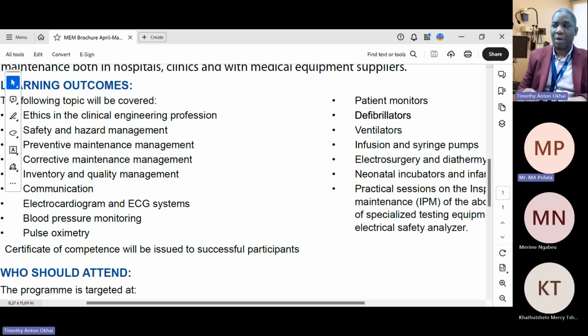So this would be a level above what was discussed already in MEM, which is just basic communication. Here, I like the inclusion of reporting templates, and also basic audits, like medical equipment audits.